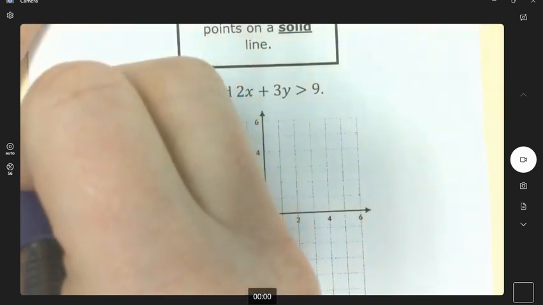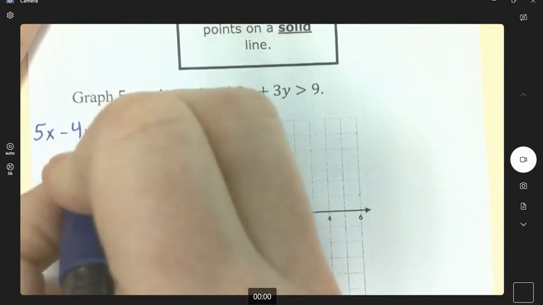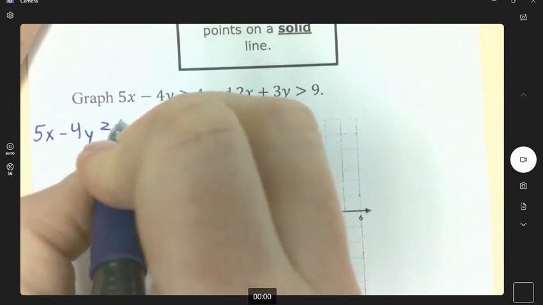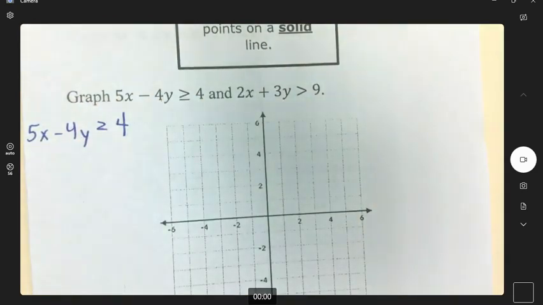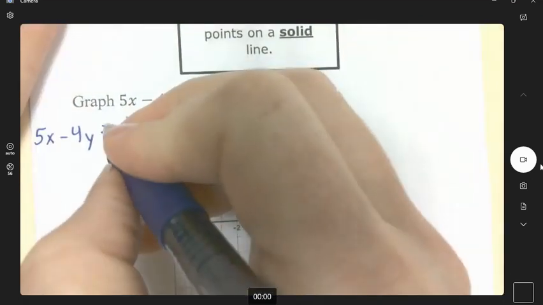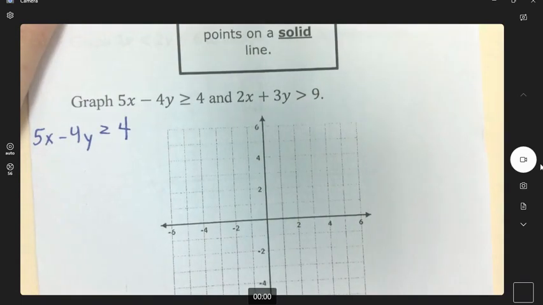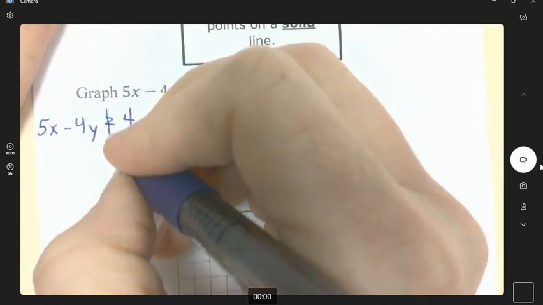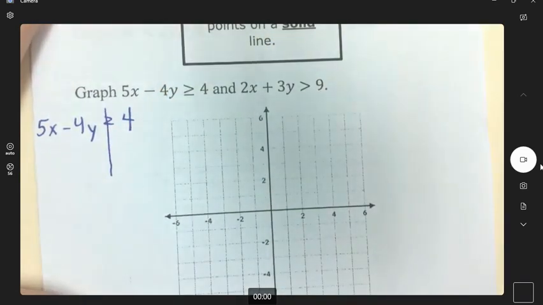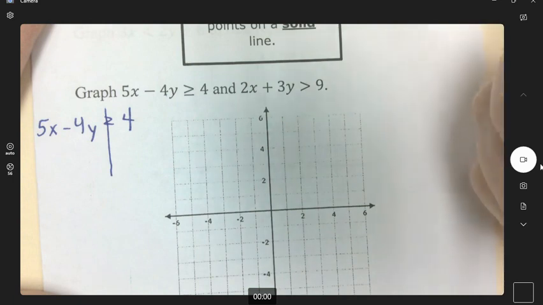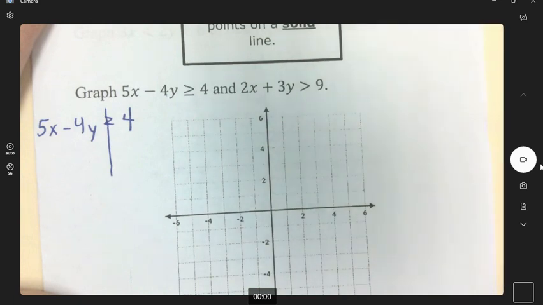So go ahead and write 5x minus 4y greater than or equal to 4. We want to solve it for y, so I'm going to draw a line down the inequality sign. We did this the other day where we subtracted the x from both sides and then divided by the number in front of y.